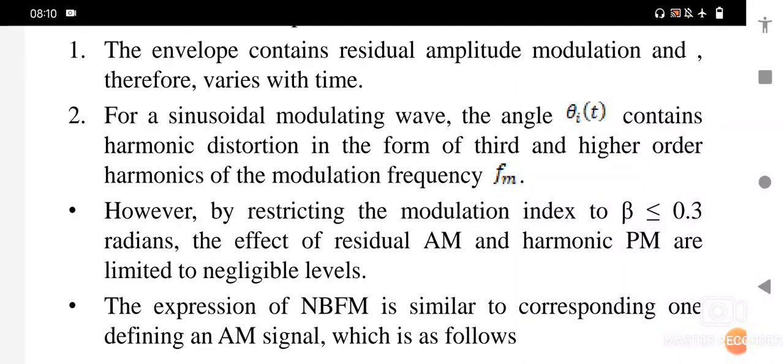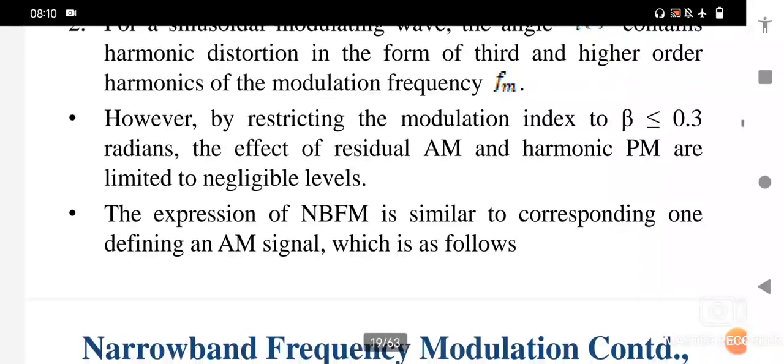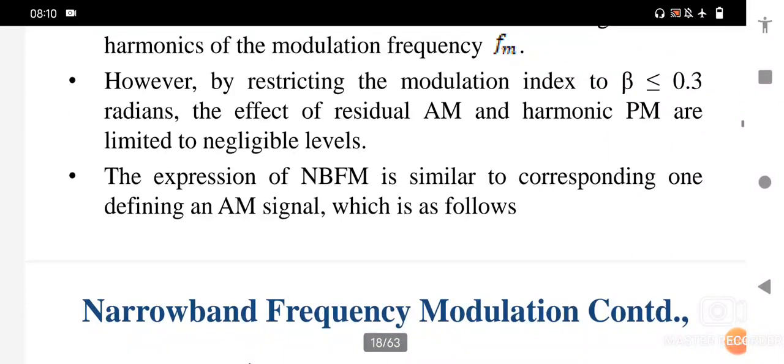However, by restricting the modulation index to a beta value less than or equal to 0.3 radians, the effect of residual AM and harmonic PM are limited to negligible levels. So what is the expression of NBFM? The expression of NBFM is similar to the corresponding one defining an AM signal.